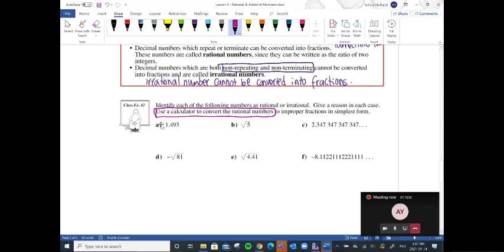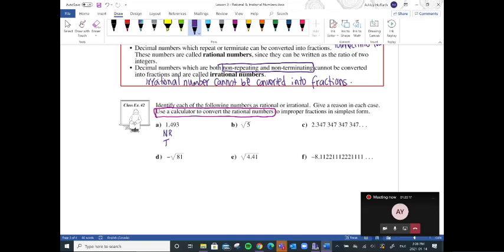Okay, if we look at this first number, it says 1.493. This is terminating, so it stops after the 3, and it's non-repeating. There's nothing repeating in here. So I'm just going to say this is non-repeating and terminating.